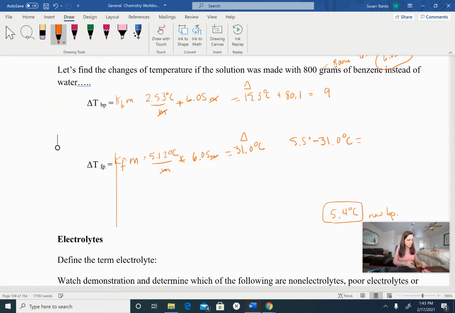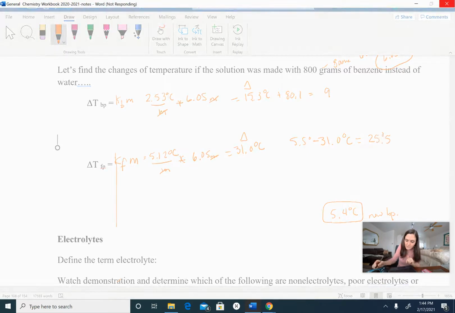that benzene solution. So 5.5 minus 31.0 will give us a new freezing point of 25.5, or negative 25.5, sorry. Let's write that better. Negative 25.5.